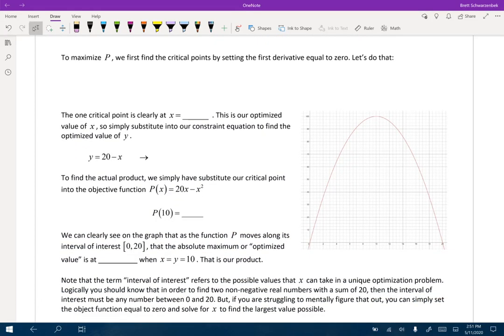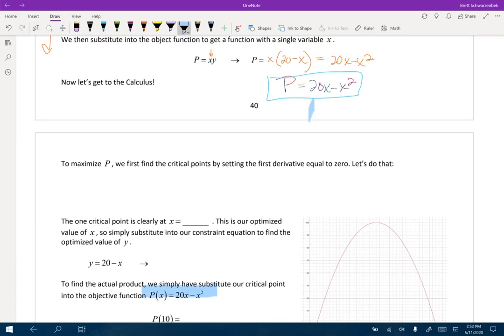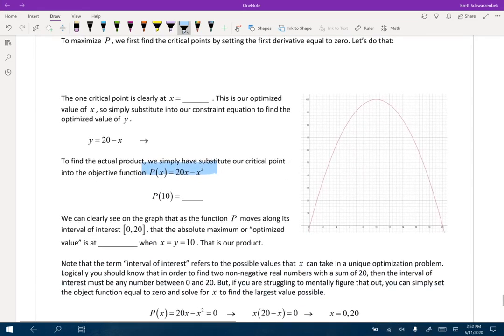So if you look over at the right side right now, you'll see basically the equation of our function. So remember 20x minus x squared, which we got right here. Ooh, highlighter. 20x minus x squared. So that is this function right here. Upside down parabola. Makes sense.